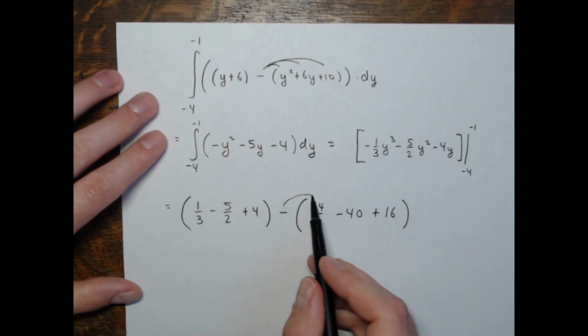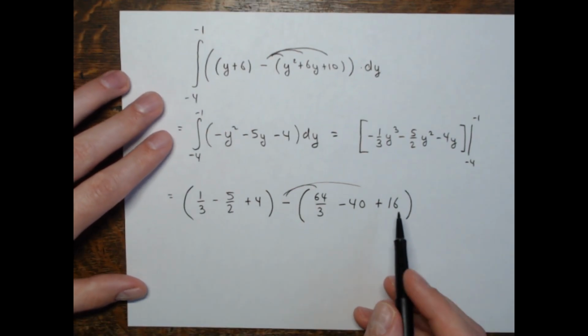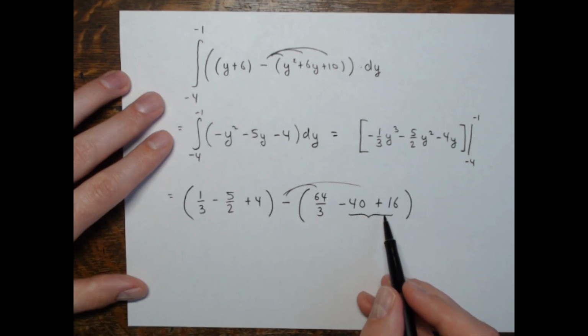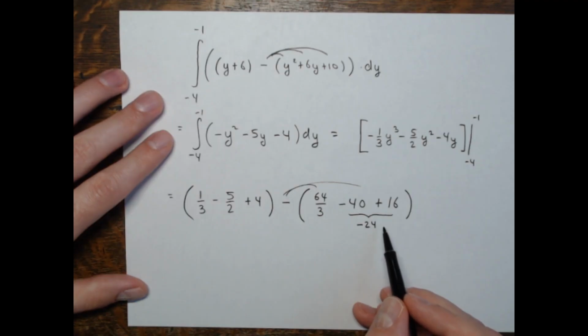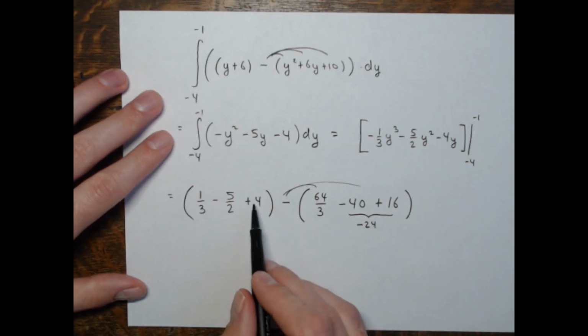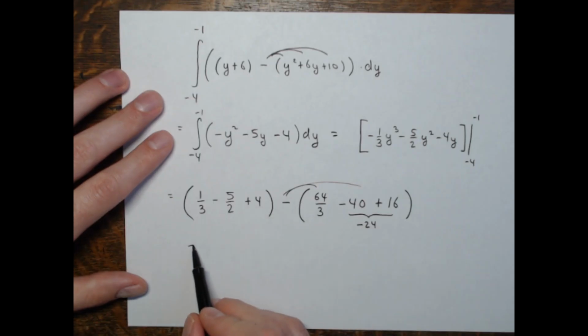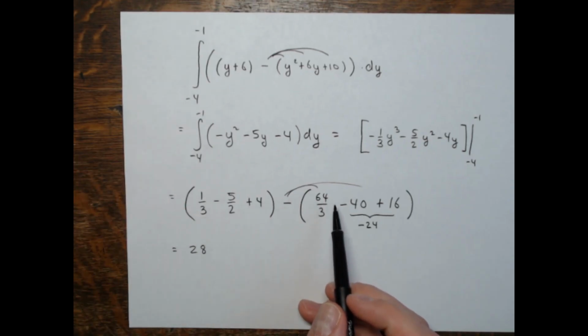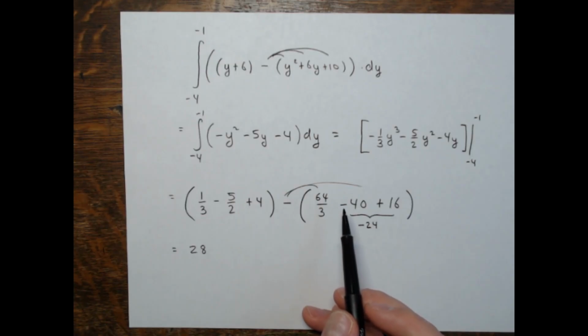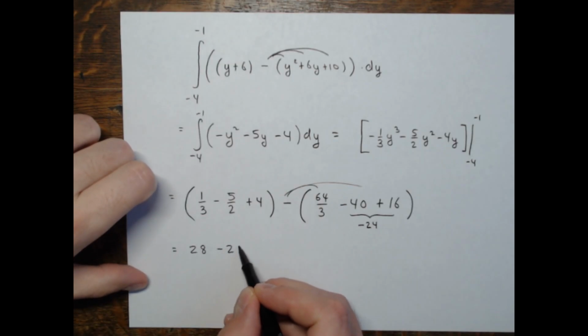And you can distribute this negative here, and we can get some stuff together. Now, -40 plus 16, that's -24. But we're subtracting that, so that'll be 4 plus 24, that's 28. And then I got 1/3 minus 64/3, that'd be -63/3, which is -21.